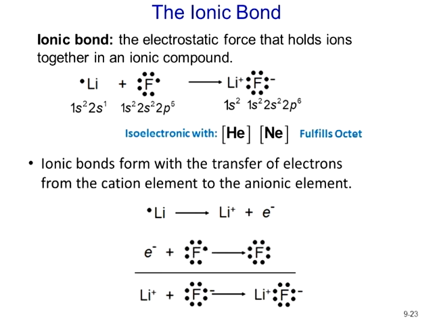When we take the lithium, it transfers an electron, it becomes oxidized. We take the fluoride and it accepts an electron and becomes reduced, forming an ionic compound which has ionic bonds.